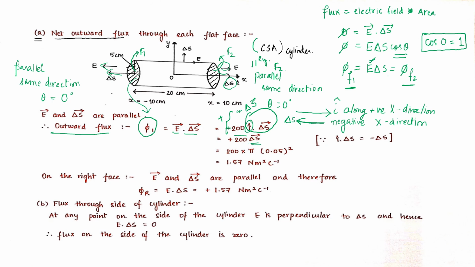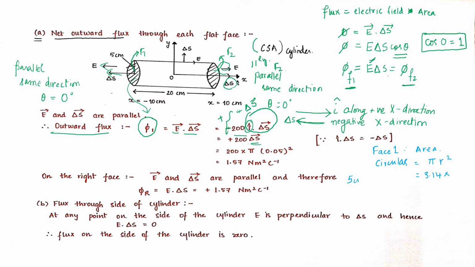Now what is the area of F1? Phase 1. What is the area of phase 1? Phase 1 is circular. So area of a circle is given by pi r square. Pi's value we know, it is 3.14 into r. R's value is given as 5 centimeter.